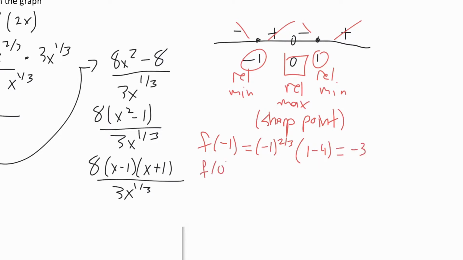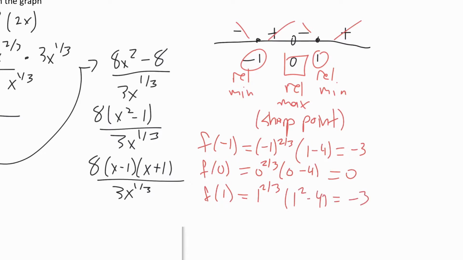Now f of 0 is just going to be 0 to the 2/3, and then 0 minus 4, 0 times anything, of course, is 0. And then f of 1 is going to be equal to 1 to the 2/3, and then 1 squared minus 4, which will give us, again, -3.